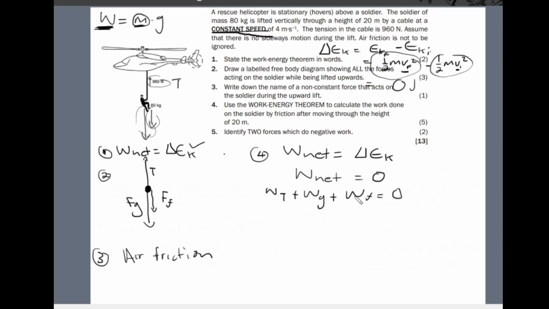Now you will calculate the work done by tension by saying it is the tension force, which is 960, times the displacement, which is 20, times cos of an angle. In this case, the angle will be 0 since this tension force is in the same direction as the displacement of the object.